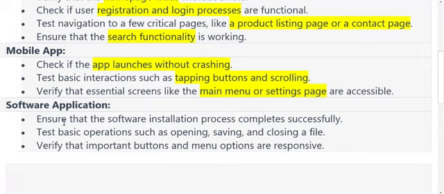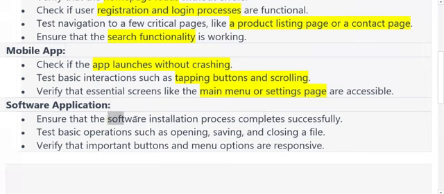That means, first of all, we need to test whether the software installation process completes successfully, whether it is installing properly or not. And coming to the second point, we are able to open files, save files or close files.